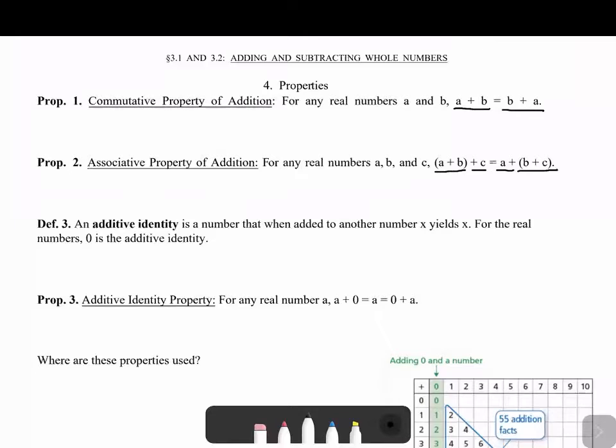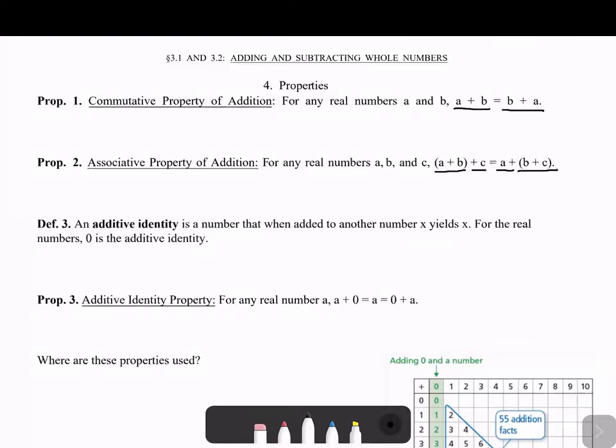So in addition to the commutative property, in which it doesn't matter what order we do things in, with the associative property it also doesn't matter what order we do things in. It just makes everything a lot simpler.